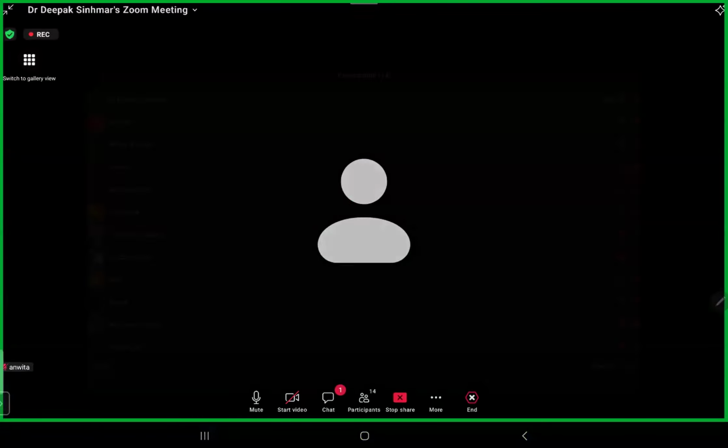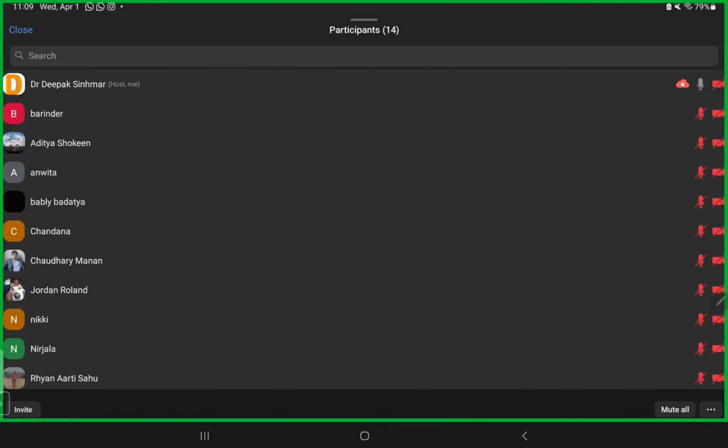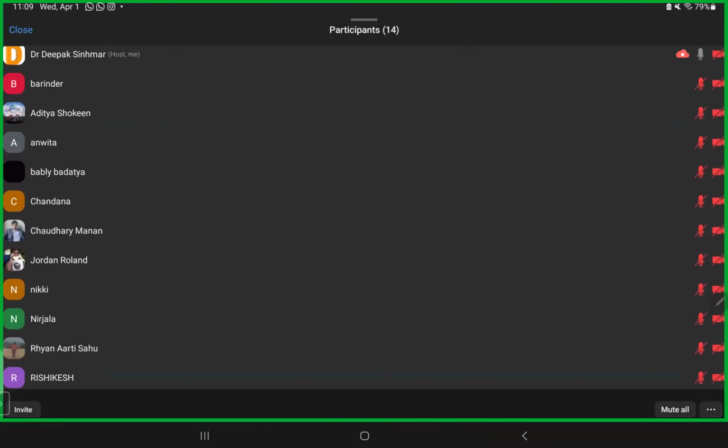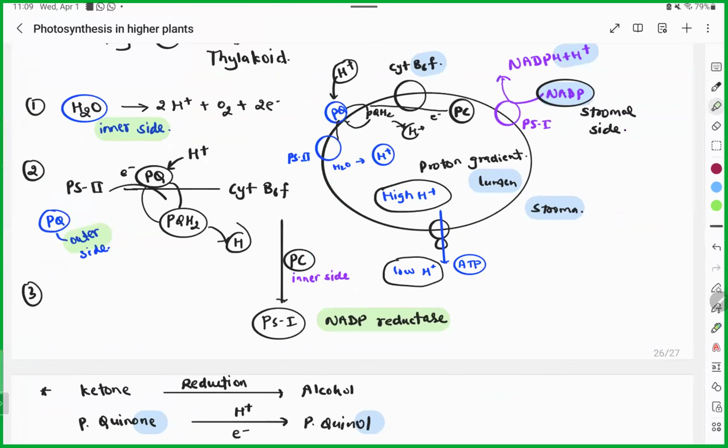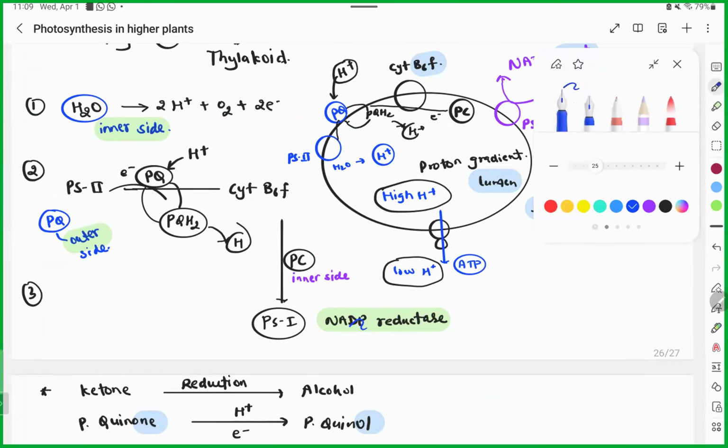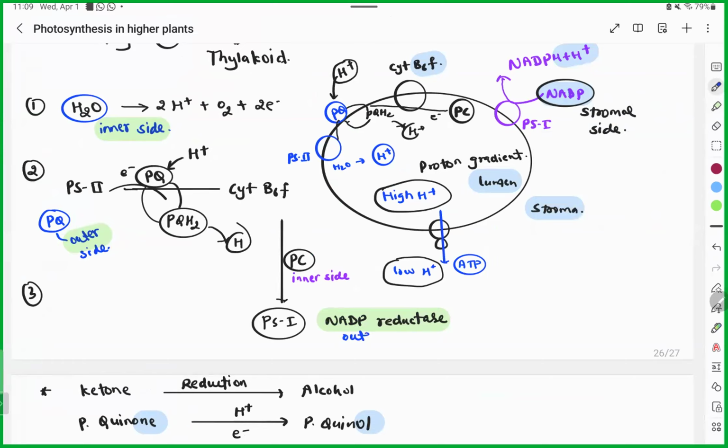Barinder, it should be outer side, stromal side. Why? Because from the stroma it has to accept H positive ion. Outer side, stromal side. Correct.